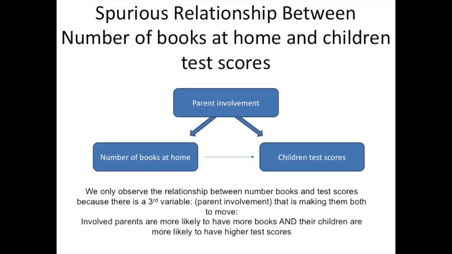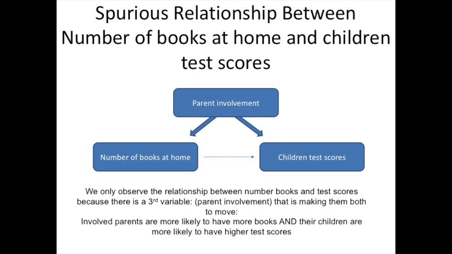They discovered there was a relationship, and the number of books came before the test scores. But the number of books was not causing the children's test scores. It was a third variable that is explaining both. They hypothesized that this was parent involvement.